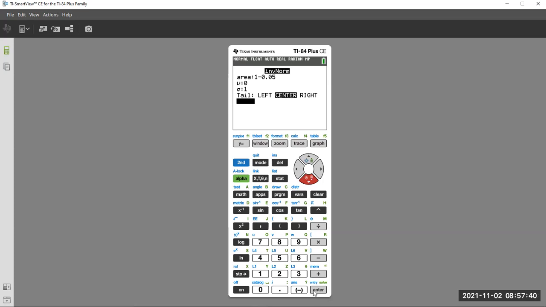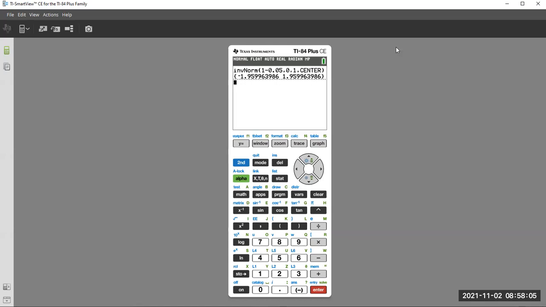Paste that into my function, hit enter, and you'll notice that I have two distinct z-scores. I have a -1 and a +1. They're exactly symmetric about 0. I will round to 3 decimal places, which is 1.960, or just plus or minus 1.96.